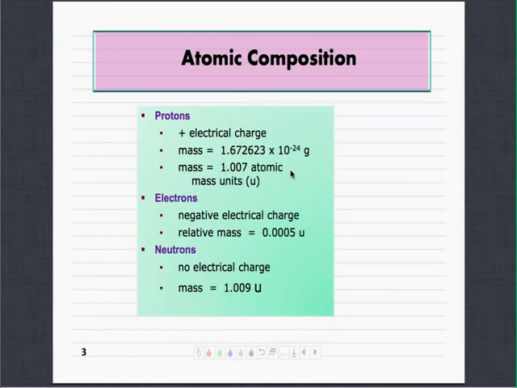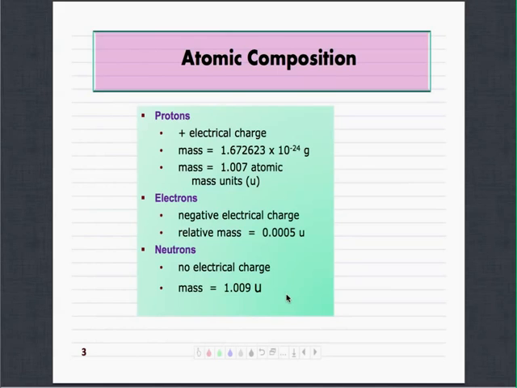Usually you see it as unit U, or in old references as AMU. So whether you see 1 AMU or 1 U, that means mass unit. And we're going to talk about the conversion. How much is 1 mass unit?